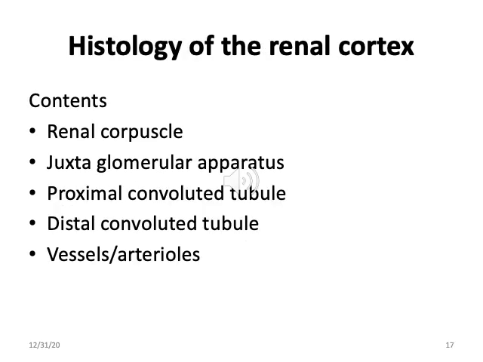At the end of the lecture, you should know the histological appearance of the renal cortex. The renal cortex has renal corpuscle, juxtaglomerular apparatus, proximal convoluted tubule, distal convoluted tubule, and vessels.